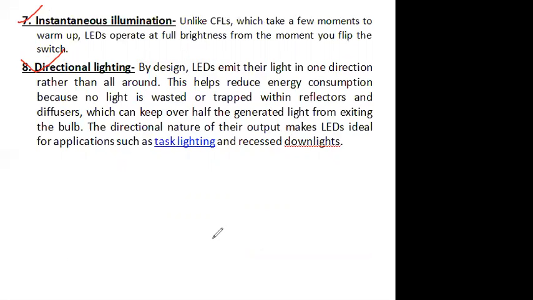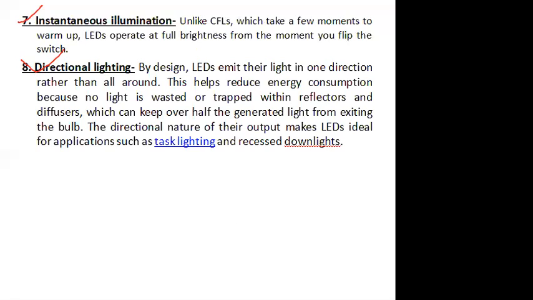This helps reduce energy consumption because no light is wasted or trapped within reflectors or diffusers, which can keep over half the generated light from exiting the bulb. So the directional nature of this output makes LEDs ideal for applications such as task lighting and recessed downlights.